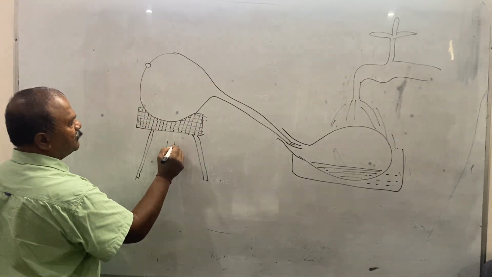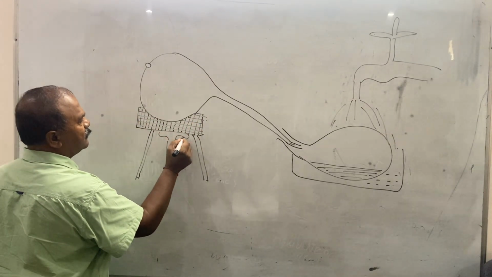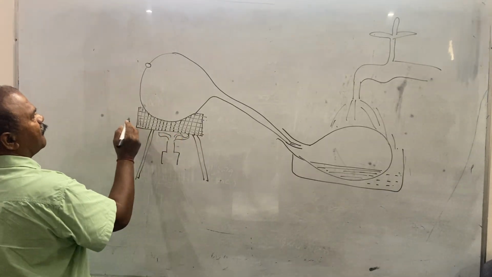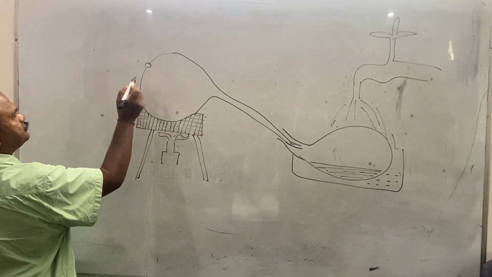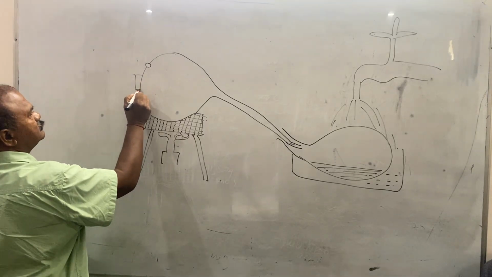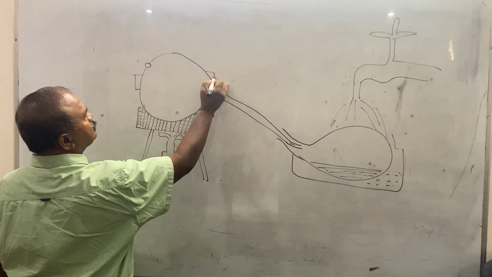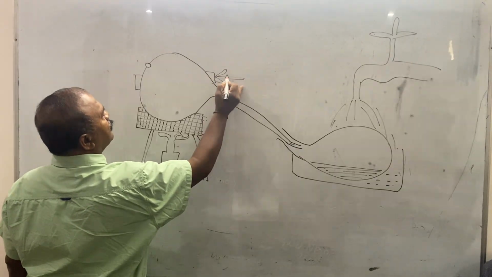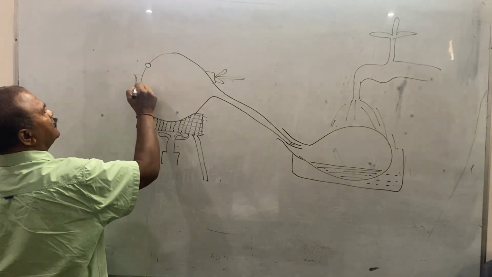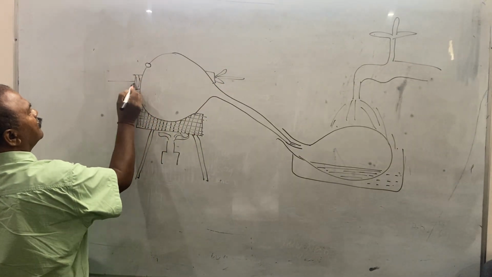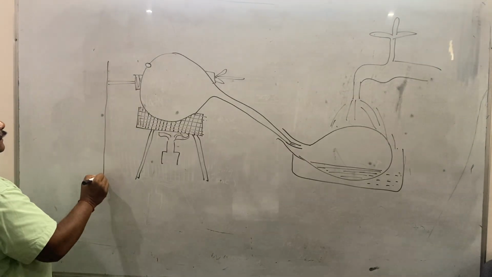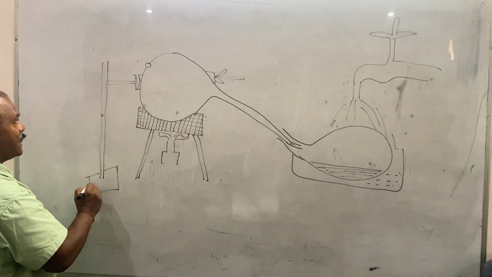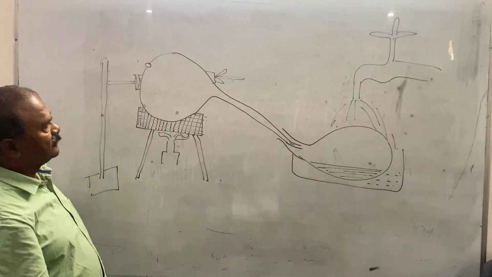And here is the Bunsen burner when you are heating it. This is the clamp, the wing nut which is tightened over this thing. The stand like this.